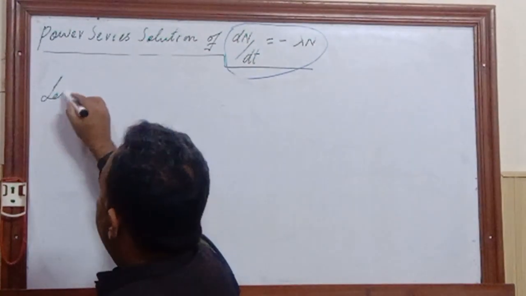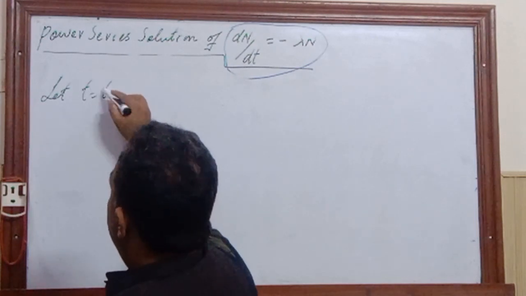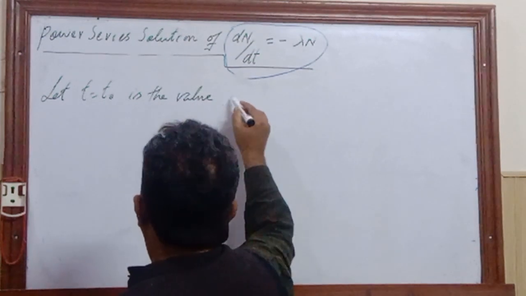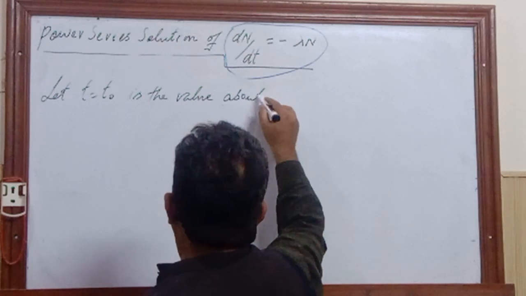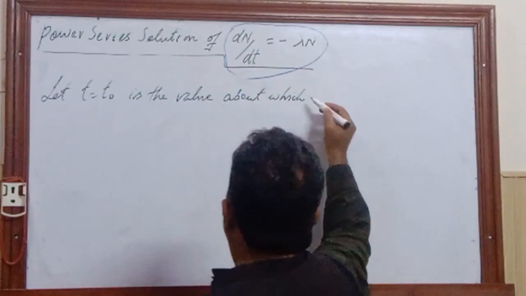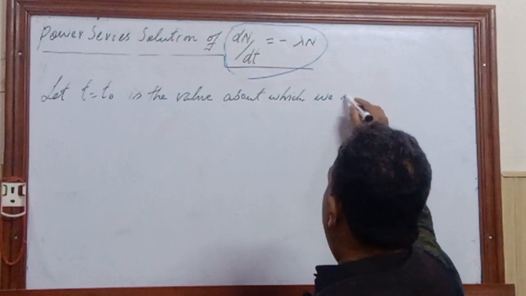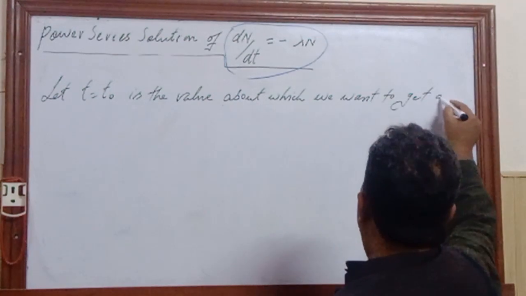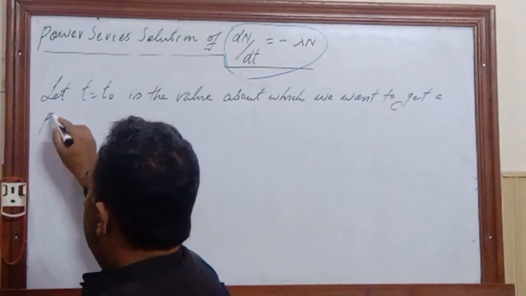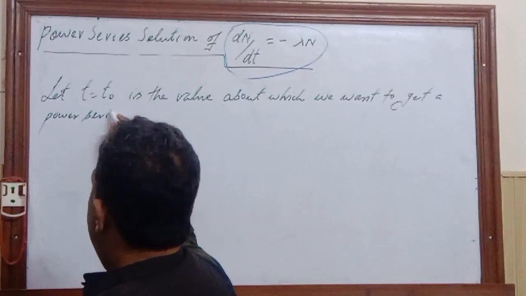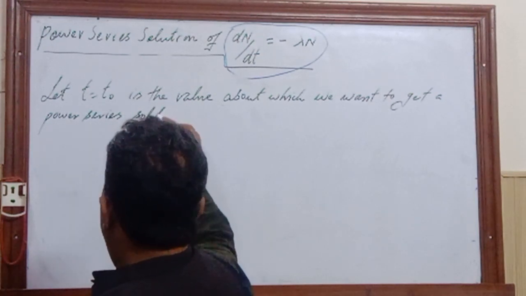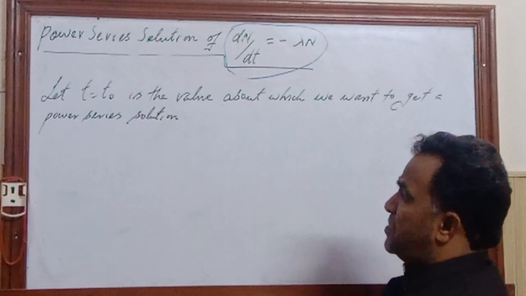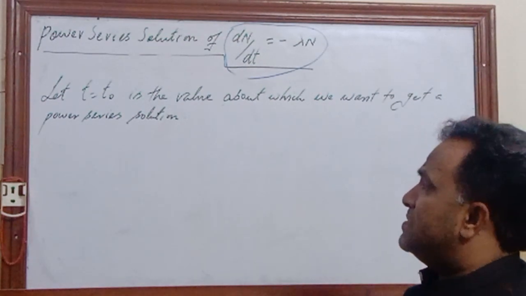So let t is equal to t naught be the value about which we want to get a power series solution. Okay, then the power series about this point, t is equal to t naught, can be expressed as follows.